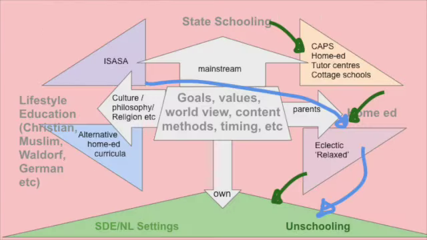Many unschoolers have arrived at unschooling through this path, where they've actually come from state school or from an independent school. Then they've tried going a bit more relaxed. They've tried home ed. They've tried other curricula, and they've ended up finding out that only an unschooling approach is going to work for that child, which means they've already been there and done that, and they've seen that it puts a strain on the parent-child relationship and the mental health of the child.